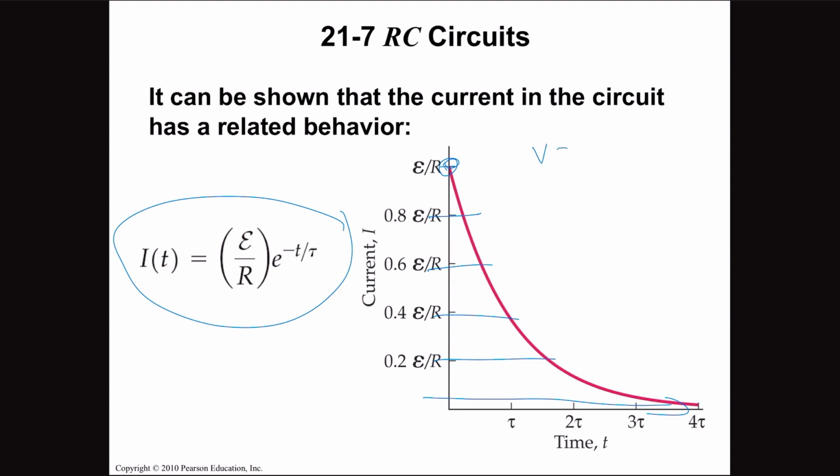So if you try to apply V equals IR, we're saying this is 0, but that is very big. But then as the voltage rises, the current actually drops like that. So it's not quite working out to use that on there. So don't treat them as ohmic things. Don't apply Ohm's law to these capacitors.